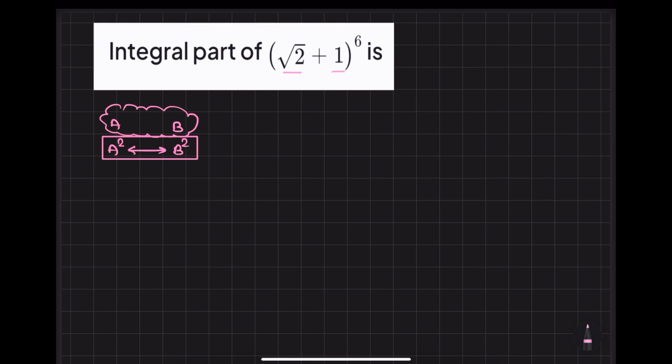So the square of root 2 is 2 and the square of 1 is 1, so the gap is 1 in this case. But the gap between the two roots is less than 1, because it's a root now.